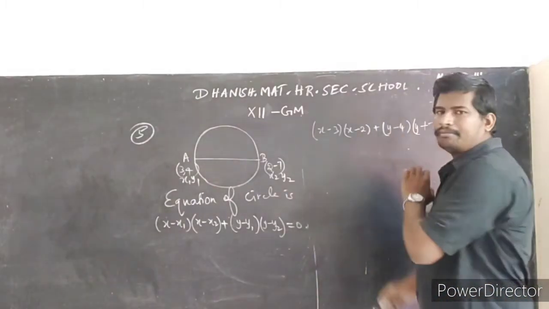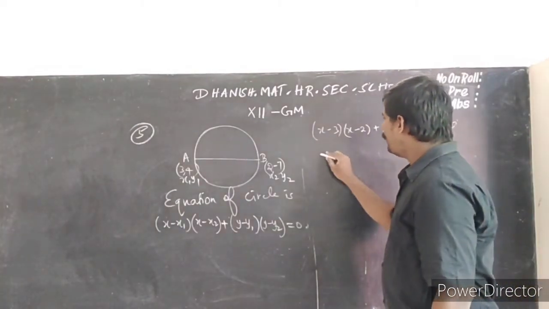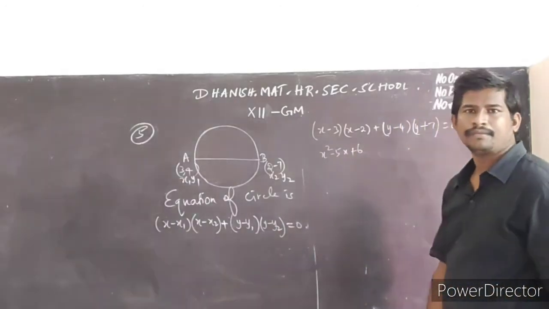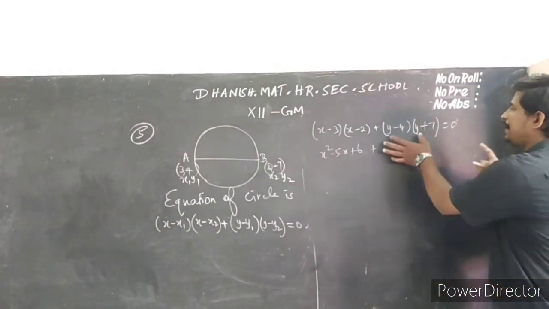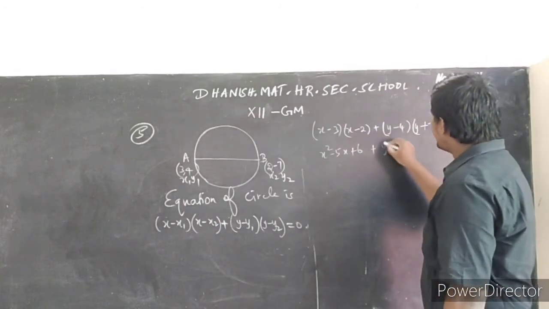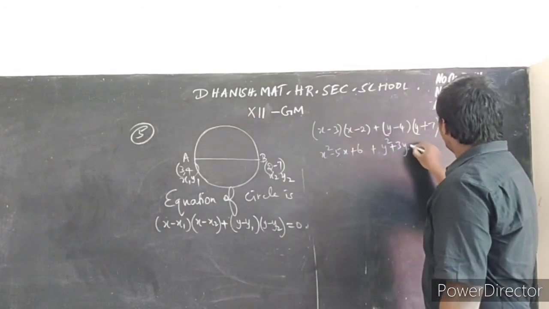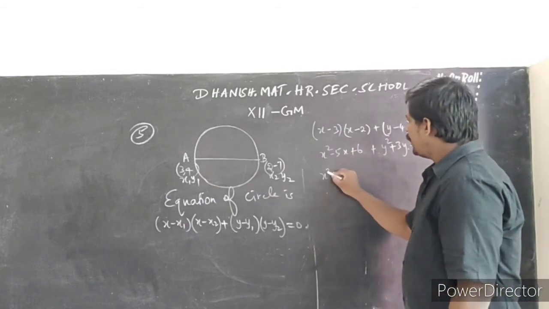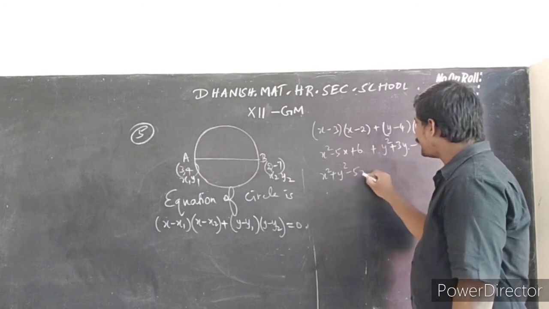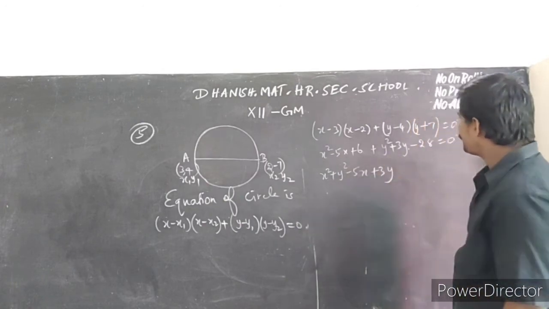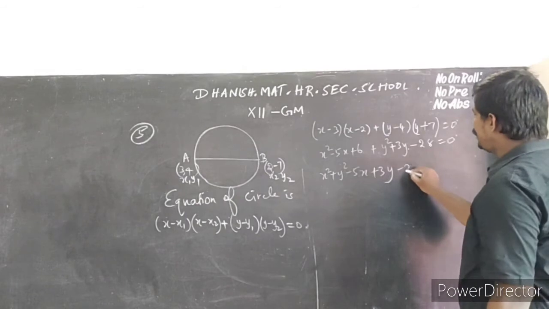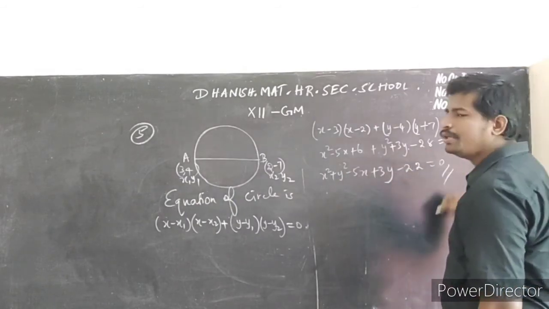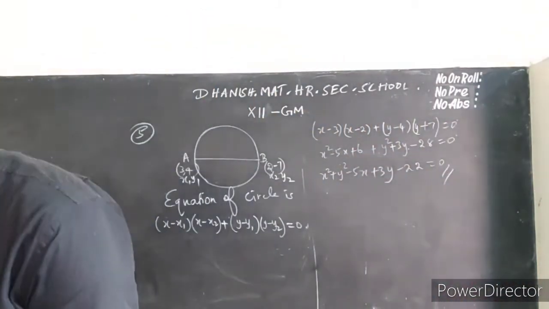If we multiply these two factors, we get x² − 5x + 6, plus, multiplying the other two factors, y² + 3y − 28 = 0. Now x² + y² − 5x + 3y − 22 = 0 is the required equation of the circle.